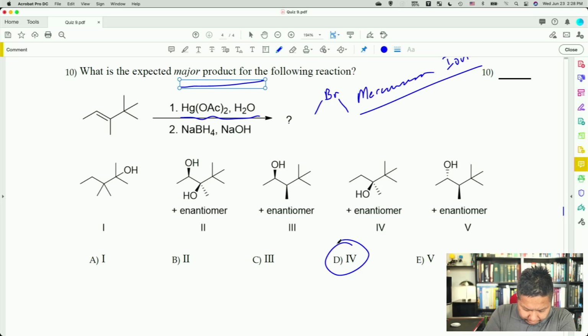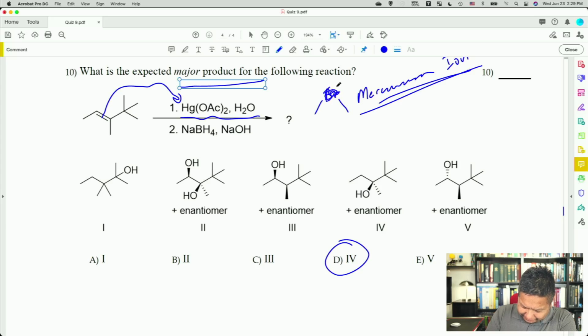Because the double bond, the pi bond, will attach itself to the mercury, giving you the mercurinium ion. I don't know why I said mercurinium and then I put in a Br.